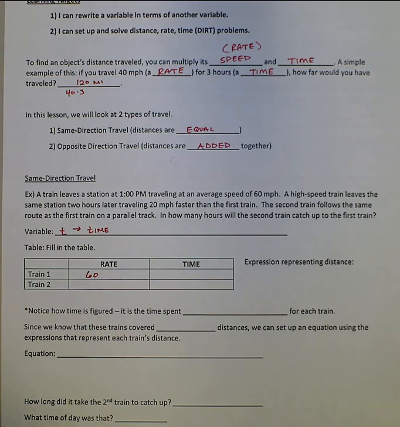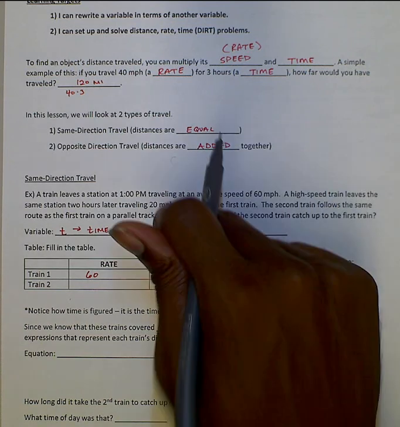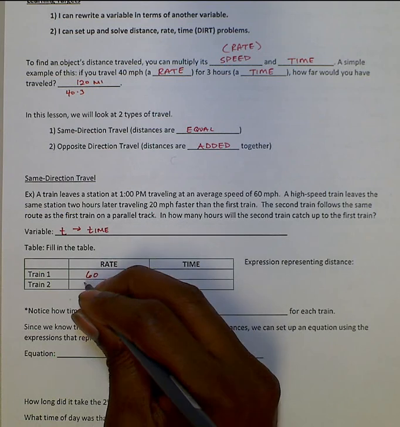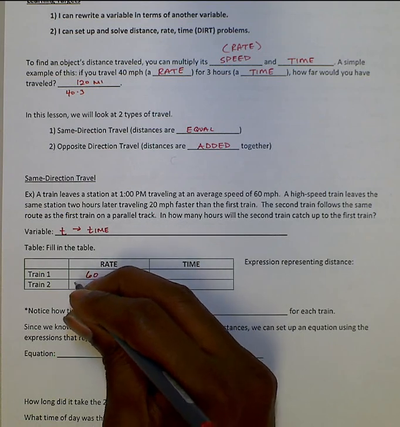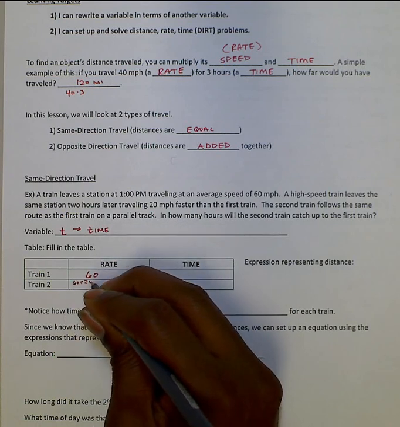I'm just going to write 60 there. And it says a high-speed train leaves the same station traveling at 20 miles per hour faster than the first train. Do we know the speed of the second train? Yeah, even though they didn't explicitly tell us the speed, they did tell us the speed of the first train, and that this one is going 20 miles per hour faster. So I know that train 2 is going 60 plus 20, or 80 miles per hour.